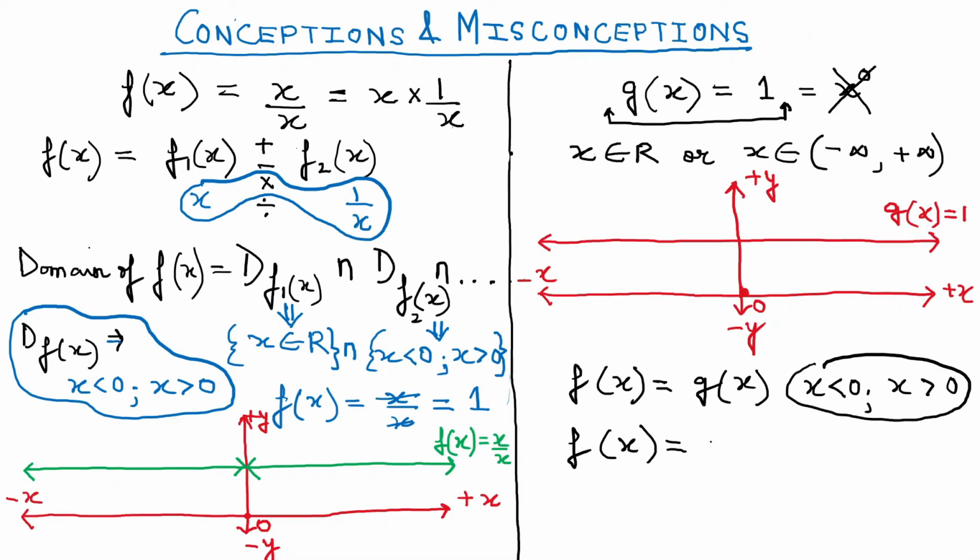And from where does it come? It comes from f(x) is equal to g(x) only. f(x) is not equal to g(x) when x is equal to 0, because they cannot be equal, because one of the functions is not defined for x is equal to 0. I hope this session on conceptions and misconceptions helps you to improvise upon your earlier learnings and take your new learnings even to the next level.